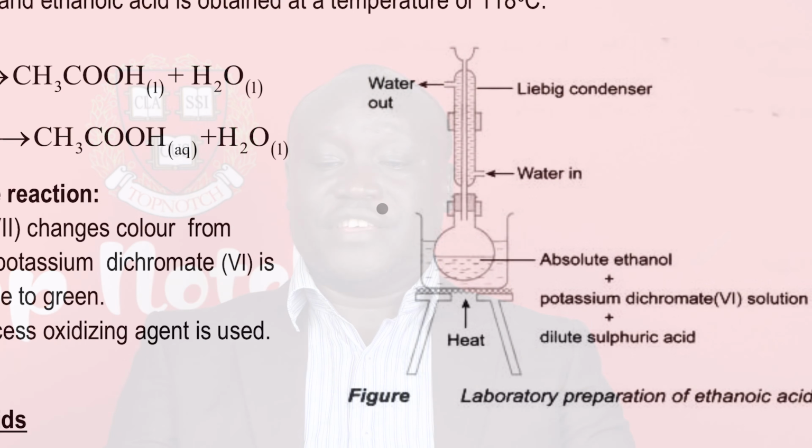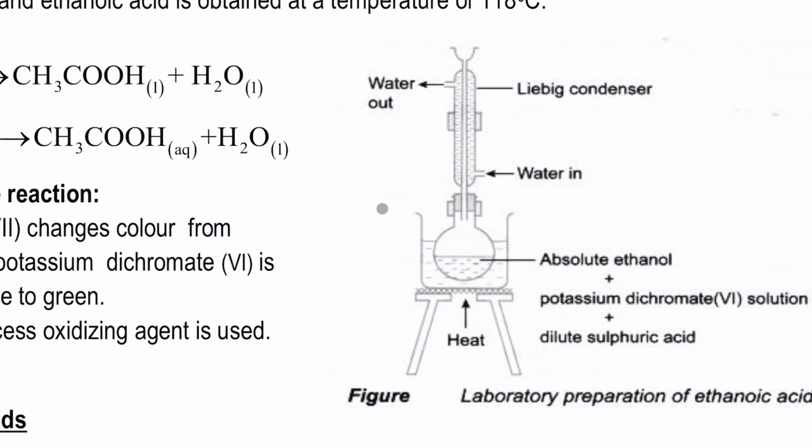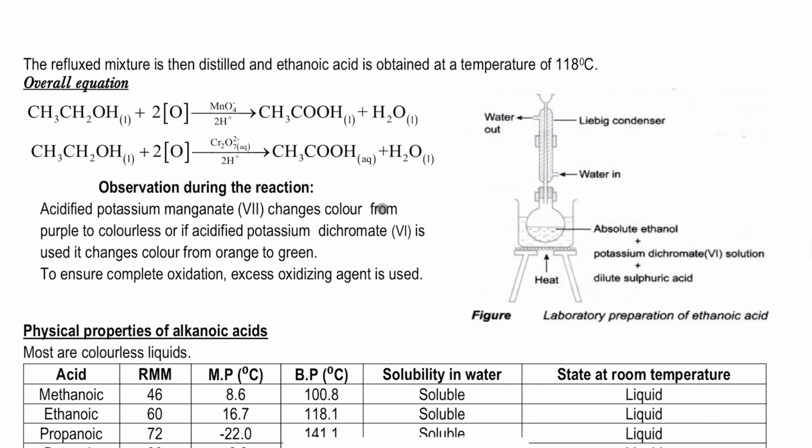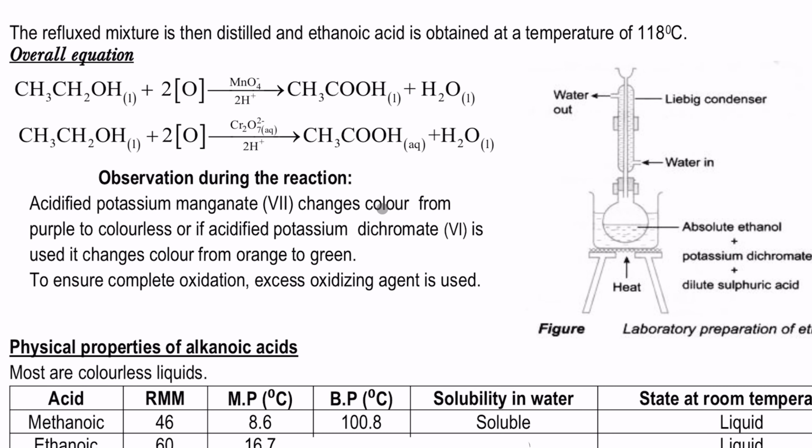The setup that is used in the preparation of carboxylic acids is as shown on the screen. You have the Liebig's condenser, you have the water in, the water out, then we have absolute ethanol placed in a flask and mixed with potassium dichromate 6 and dilute sulfuric acid in order to acidify the medium.